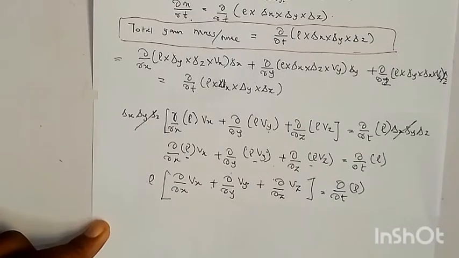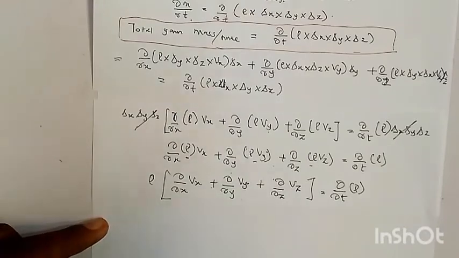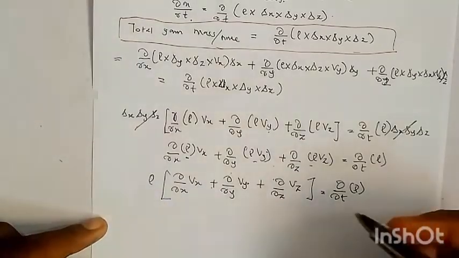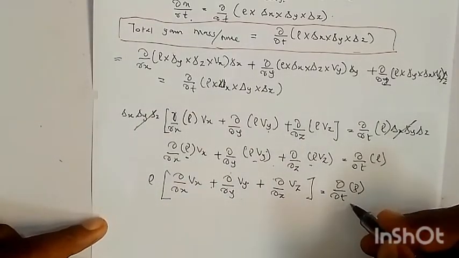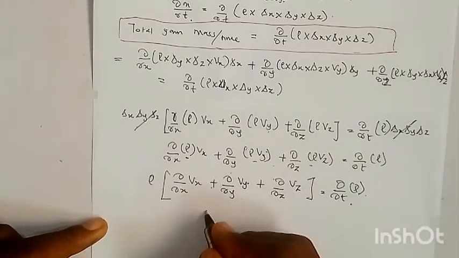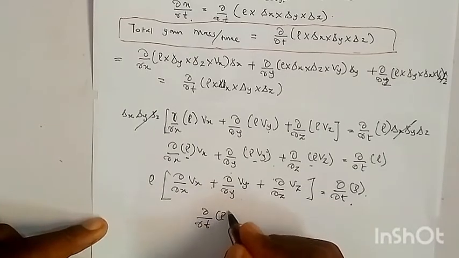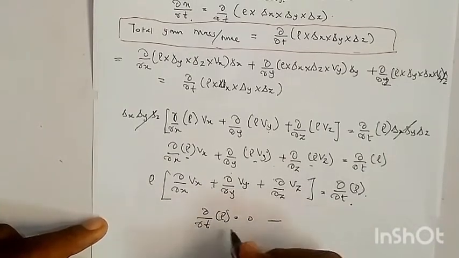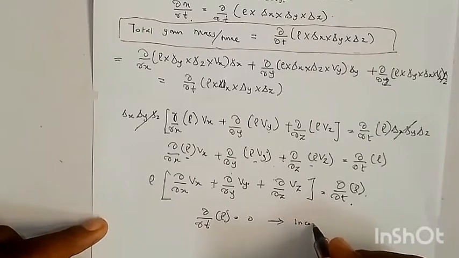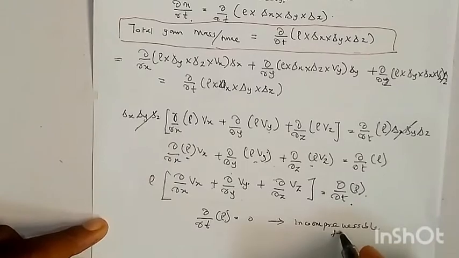Now, for an incompressible fluid, remember that's what we assume it to be. For an incompressible or steady fluid, its density at all points must be the same. So taking the change in density with respect to time will give me 0. So my d/dt of my density will be equal to 0 for incompressible fluid.